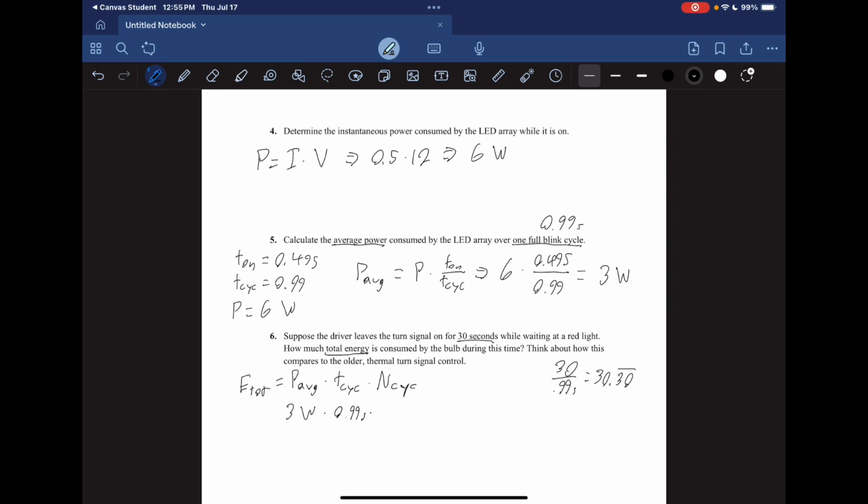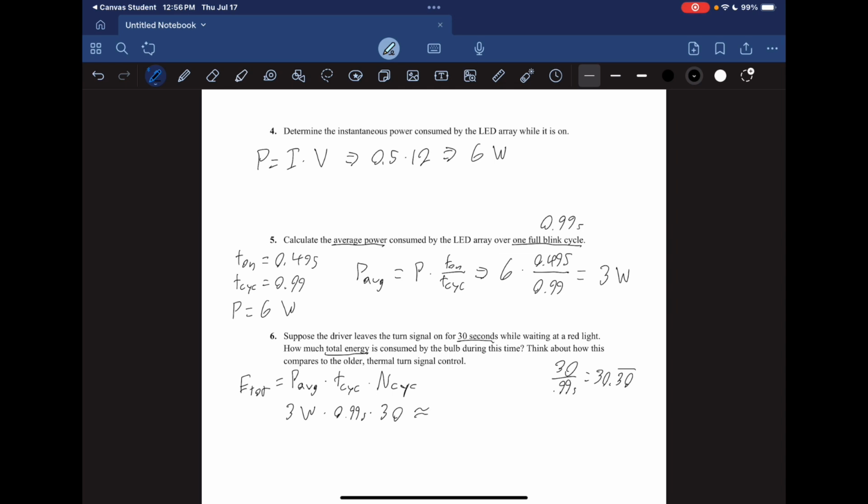So I'm going to do an estimation here and say that the number of cycles is roughly 30. And then we'll get an approximation. But this is okay because we're really worried about how this compares to the older turn signal control. And we're still accurate within a decimal point or two.